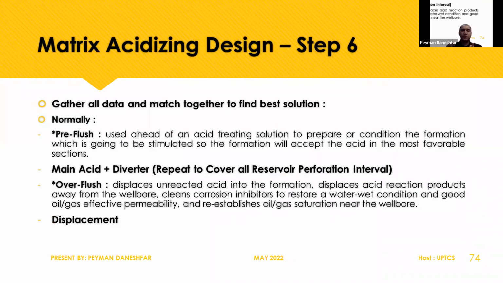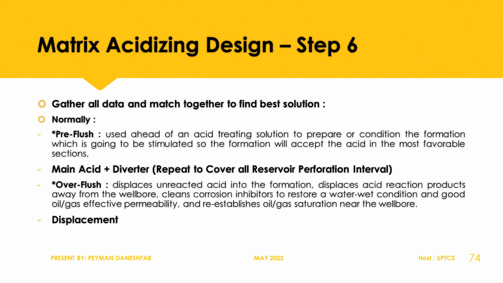If you remember, with diversion we cover the permeable zone and divert the acid to another zone. So we divide the total interval into some intervals and use diversion to acidize the total interval. After finishing acidizing, we use the overflushes, and after overflushes, we use the displacement.